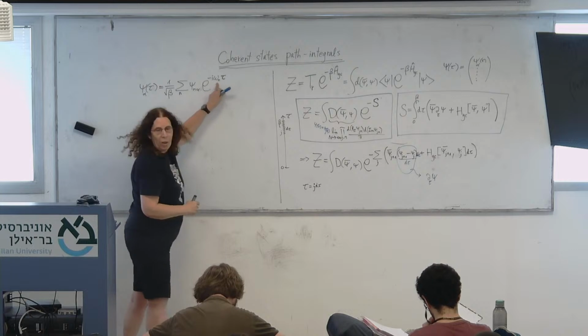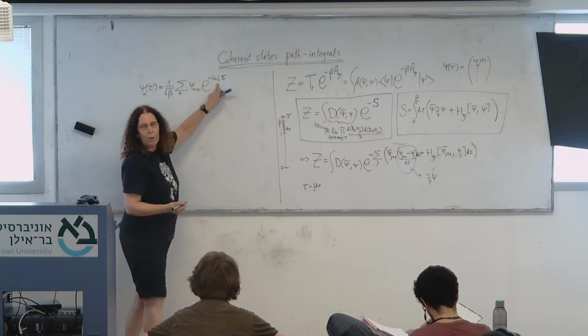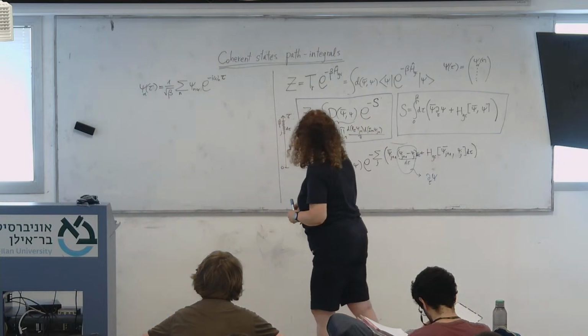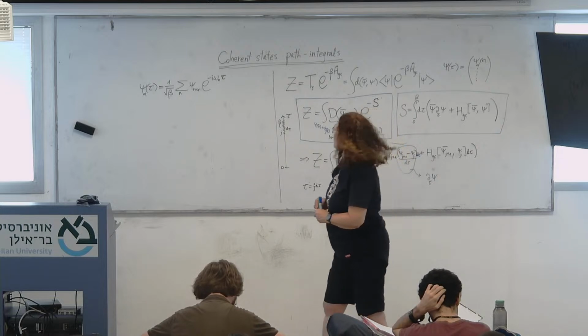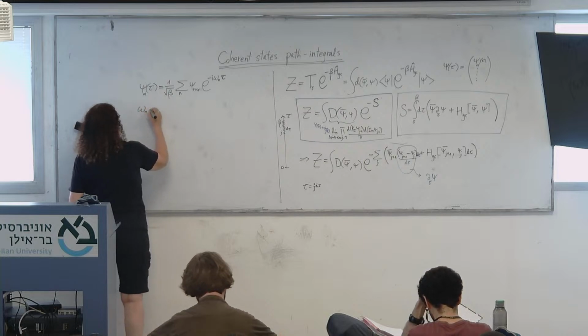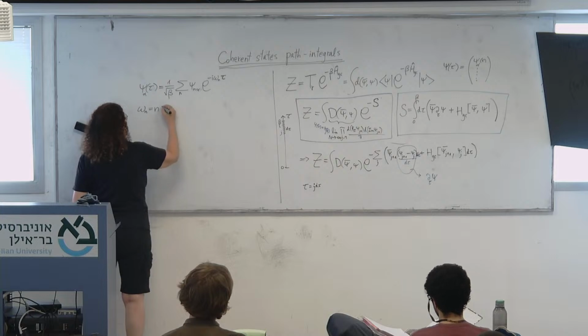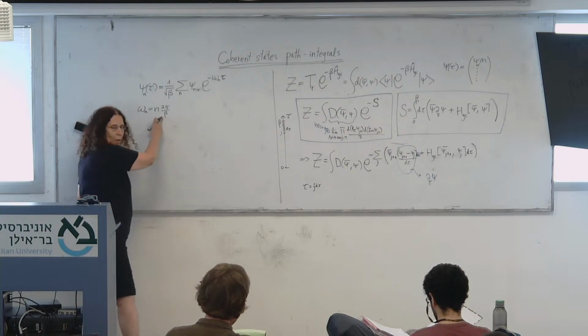And what are the omega n's? They're going to be multiples of the basic frequency, which is 2 pi over beta, right? So omega n is just n times 2 pi over beta. And remember that beta is the inverse temperature.